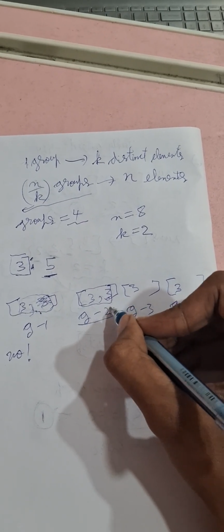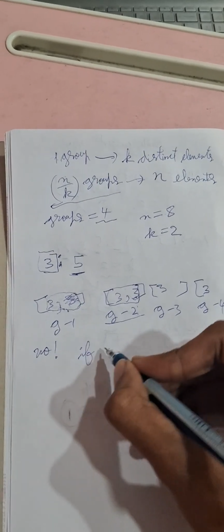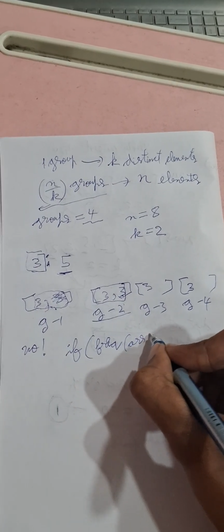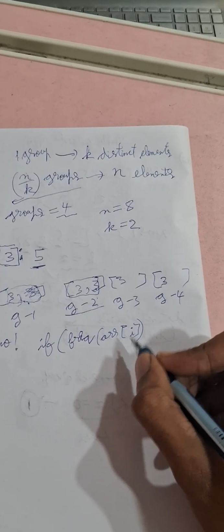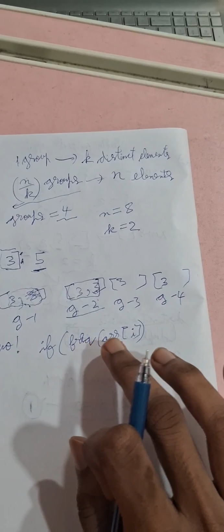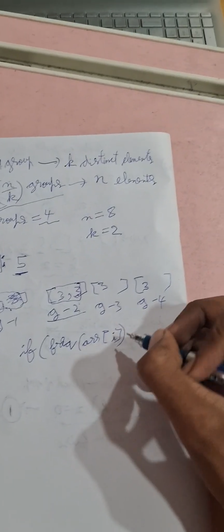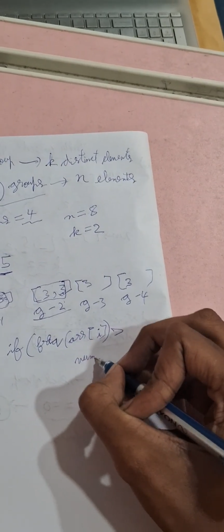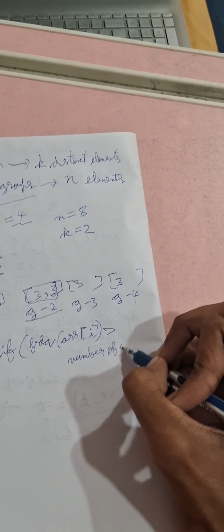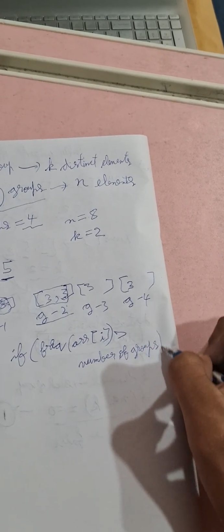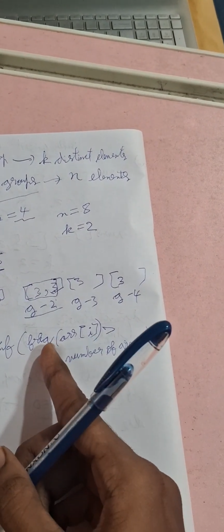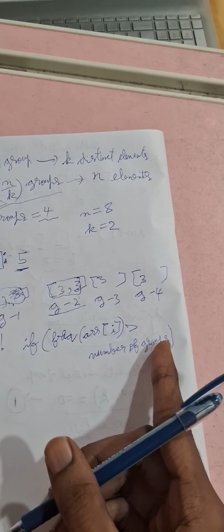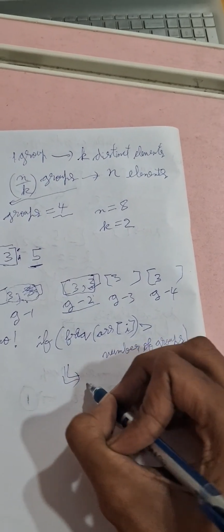So what I can tell you is, observe this: if the frequency of any element inside the array is greater than the number of groups, I'm writing this down, then definitely we have to return false as the answer.